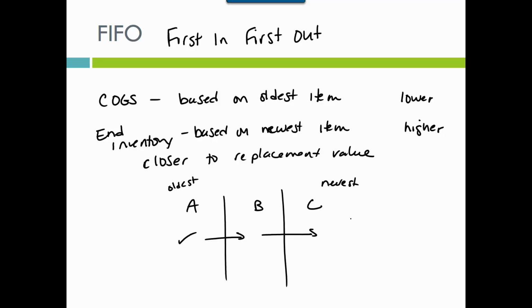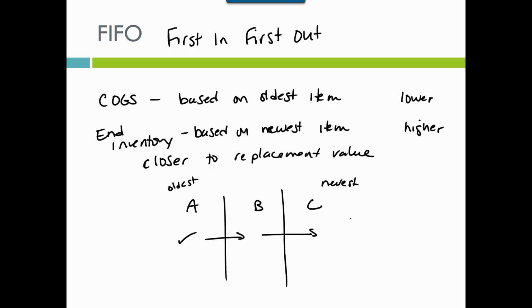This is an accounting method, so this doesn't actually have to physically match what you're doing in your inventory. This is how I calculate that cost of goods sold, that merchandise inventory number. It doesn't necessarily mean that that's what I'm doing. So for instance, let's say it's the grocery store and they do FIFO in there.